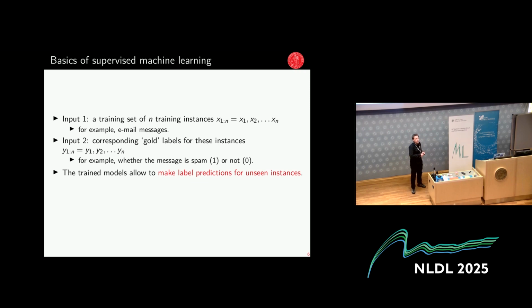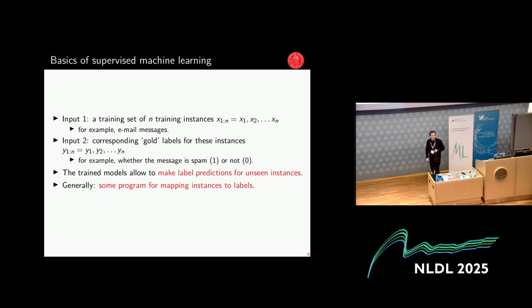We want a model which will allow us to make predictions for unseen instances. For instances, email messages which we haven't seen during the training. Right, so that's like the general concept of supervised machine learning. And it's important for us because, as we will show later today, any language model is also, in fact, a type of supervised machine learning model.